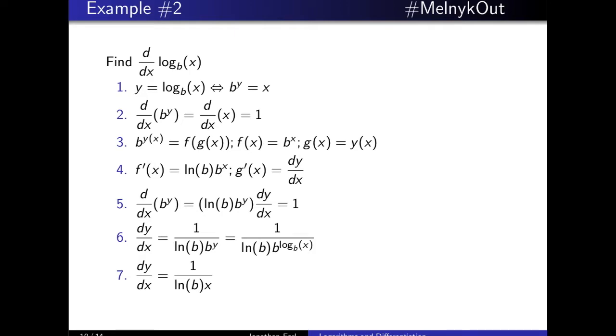In the same way that taking e to the natural logarithm of x will give you just back x. Those are inverse operations. They nicely undo each other. So we get that dy by dx is going to be 1 over the natural logarithm of b times x.